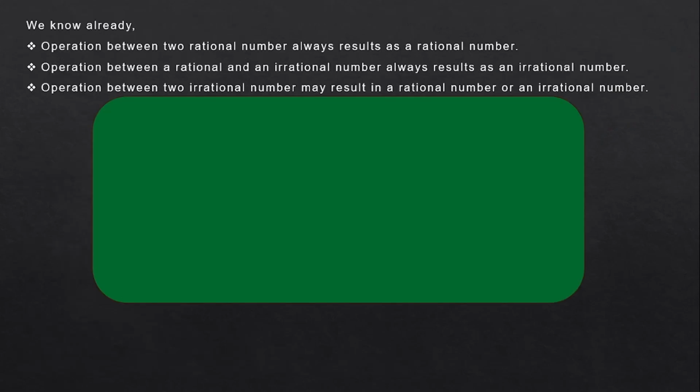Now, before going to the next concept, we need to refresh some of the concepts we learned in class 9. This is about the operation between rational and irrational numbers. If I have two rational numbers and I add, multiply, divide or subtract them, the result will always be a rational number.